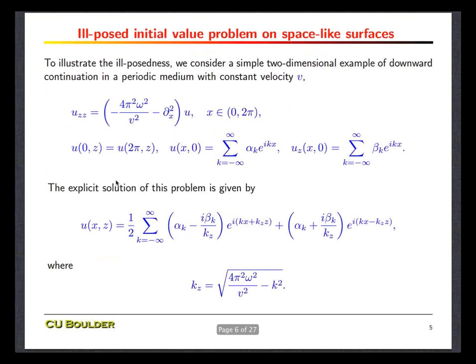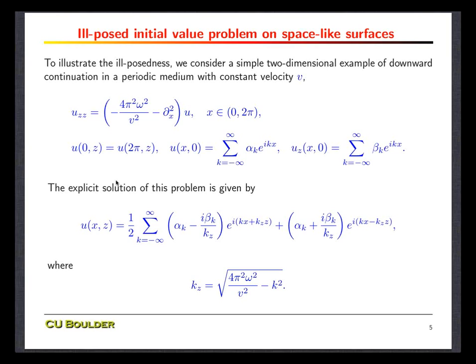Well, let's take the simple case. Constant velocity, periodic in the x variable, for simplicity, so that we can compute the solution explicitly. We set initial conditions as a Fourier series, and we have an explicit solution.